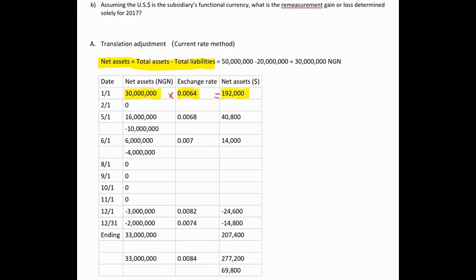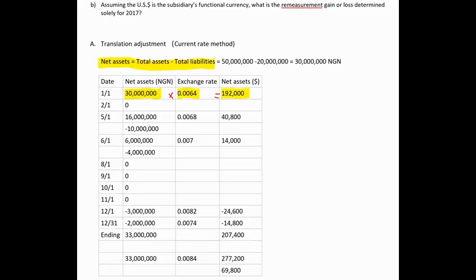So for each line we take the second column, net asset in foreign currency, times the third column, the exchange rate, and get the corresponding net asset in US dollars, which is the last column.